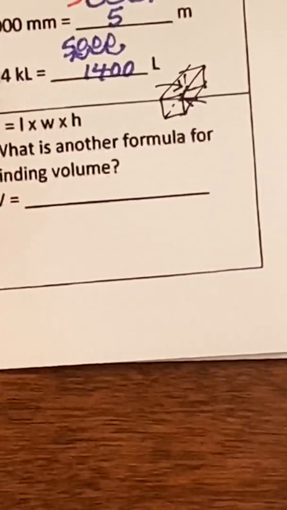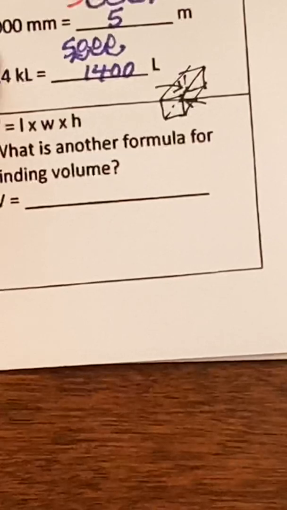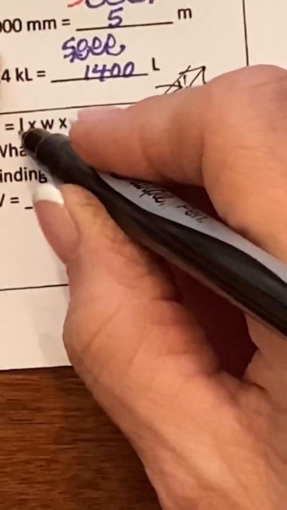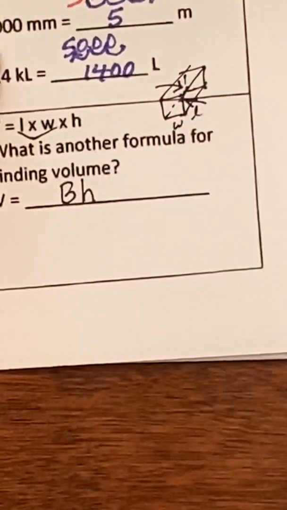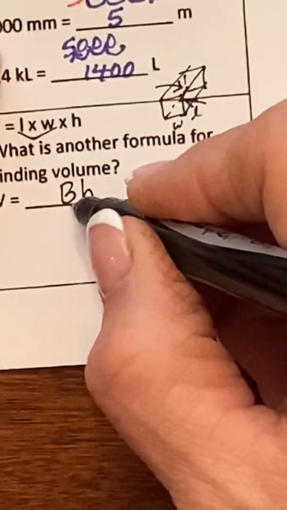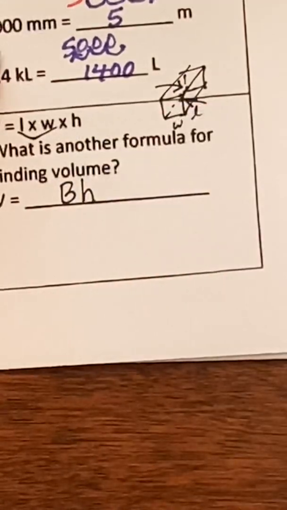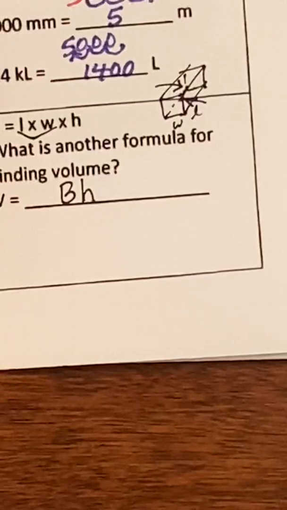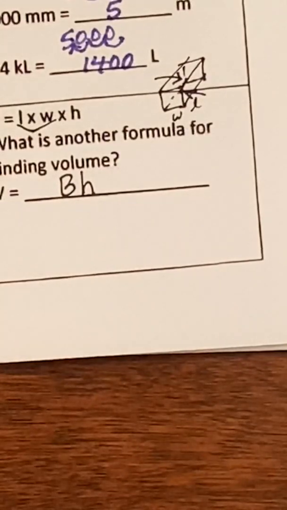It's your length times your width. This is the same thing right there too. That is also your base. So if this is your length and your width, then another name for length and width is base. And then the height just goes. So if you see BH together, the B stands for your length times your width. All right. Just a reminder of that.